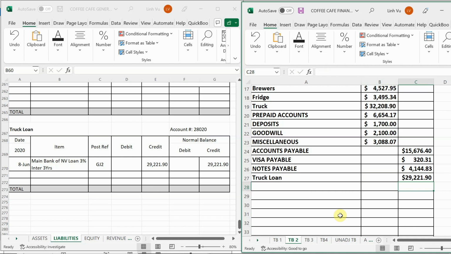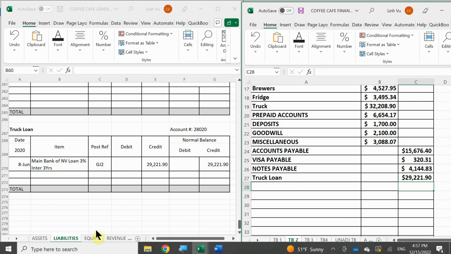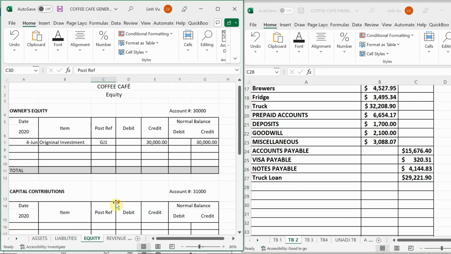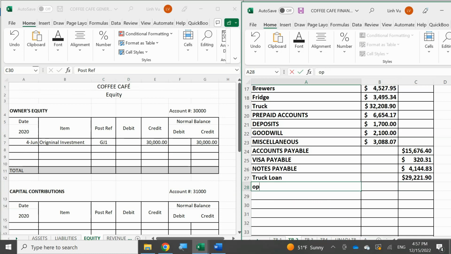Okay? All right, so let's continue on. Next is my equity accounts. Right now, I still have an owner's equity, right? My original investment into the company, okay, is still currently at $30,000.